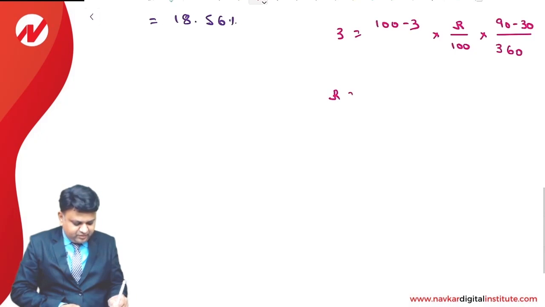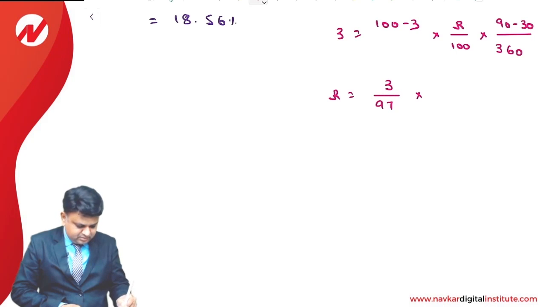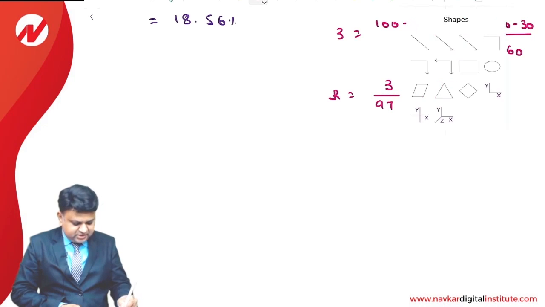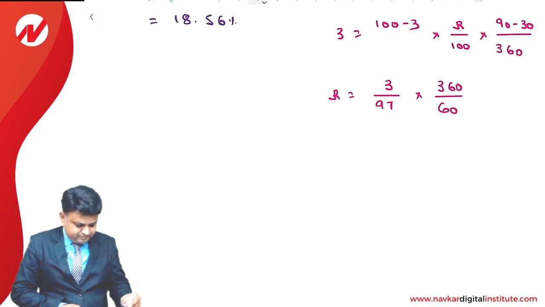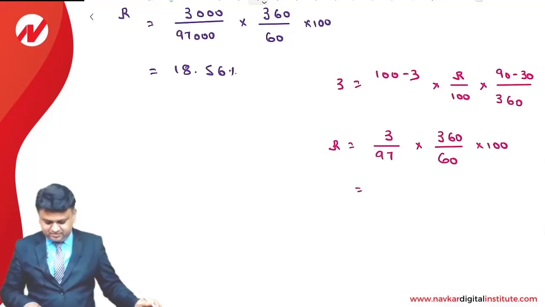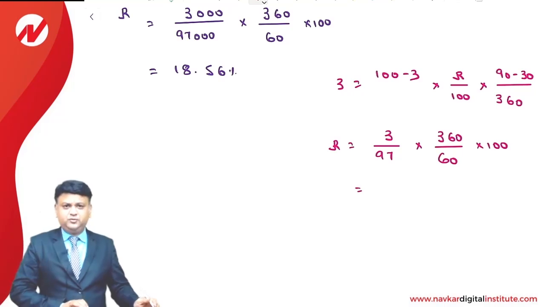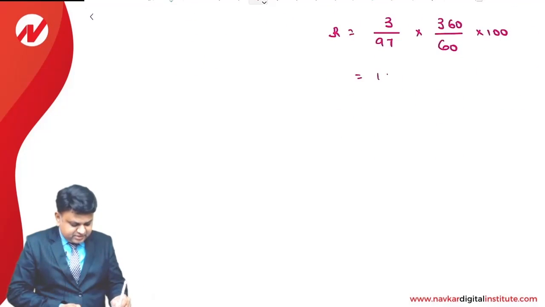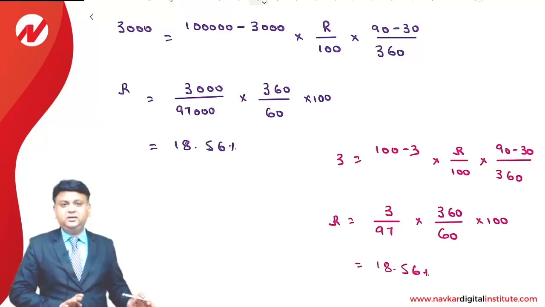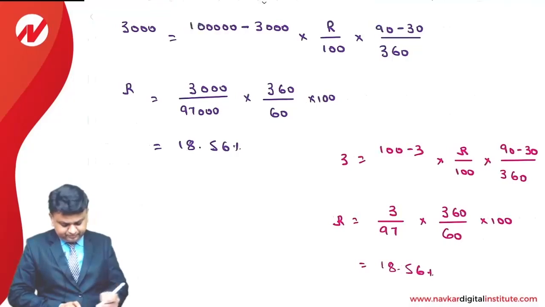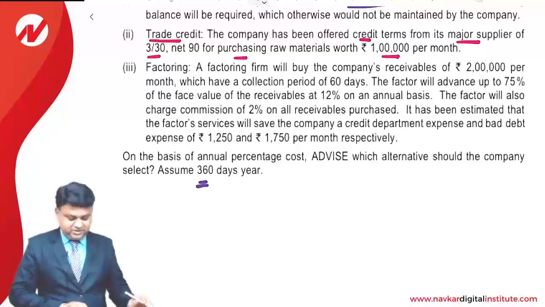So now R will be found as balancing figure once again, 3 upon 97 into 360 upon 60, multiplying with 100 to get answer in percentage term. So 3 into 360 into 100 upon 97 upon 60. That comes to, of course, once again the same 18.56%. These two are again good questions. In a way, those are the good options.